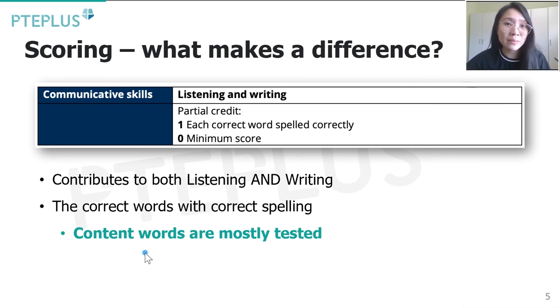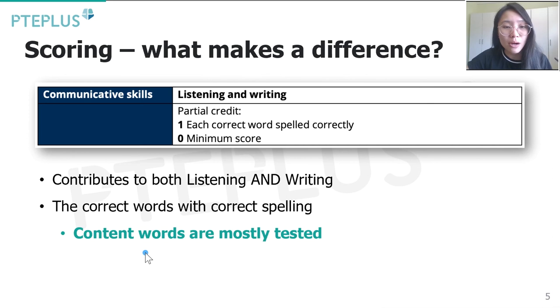But at the same time, they're not going to be testing content words that are ridiculously technical terms, for example, the name of a disease such as Alzheimer's disease. So it's usually things that are within your scope, within the academic scope, to test your standard of English. They're not out there to make it really ridiculously hard for you.